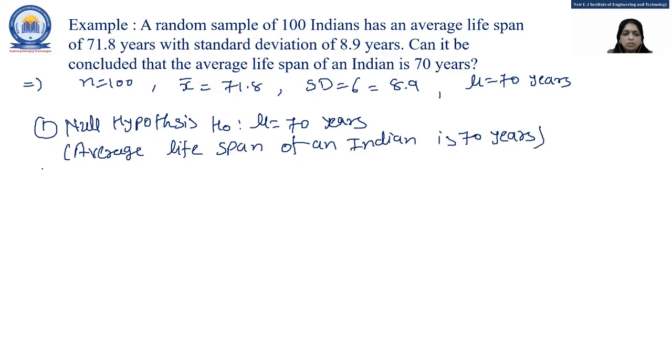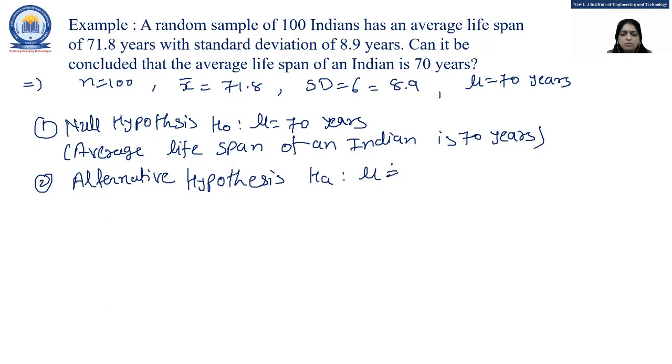Now, alternative hypothesis, that is a complementary statement of the null hypothesis, denoted by HA. So here mu is not equal to 70 years. As mu is not equal to 70 years, it is two-tailed test.